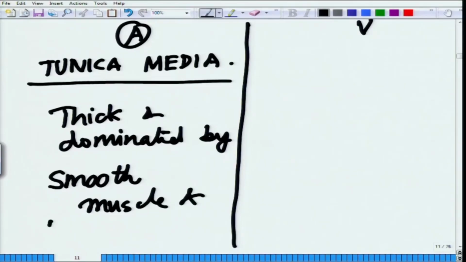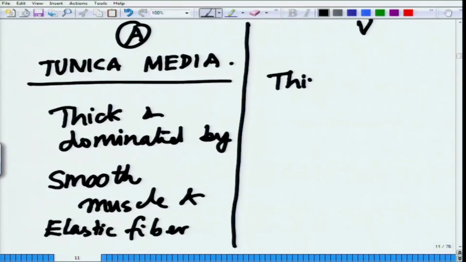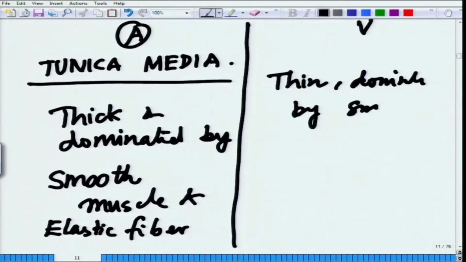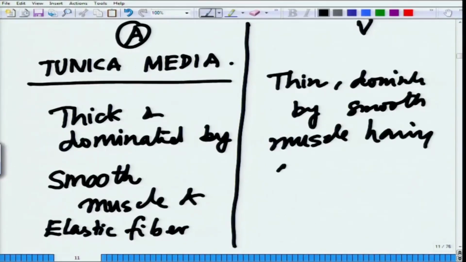It also has a lot of elastic fibers. The reason for these elastic fibers is that they have to withstand a lot of pressure. In terms of tunica media in veins, it is thin, dominated by smooth muscle, but having collagen fibers.